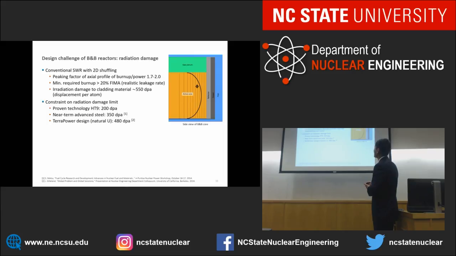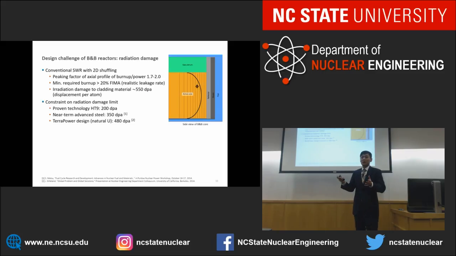If you exceed 20% FIMA, that's a unit of burnup, so 20% of the heavy metal has been used, you're talking about 550 dpa, displacement per atom. That's how much radiation damage will be caused to this fuel. We only have experience with HT9 at the level of 200 dpa.